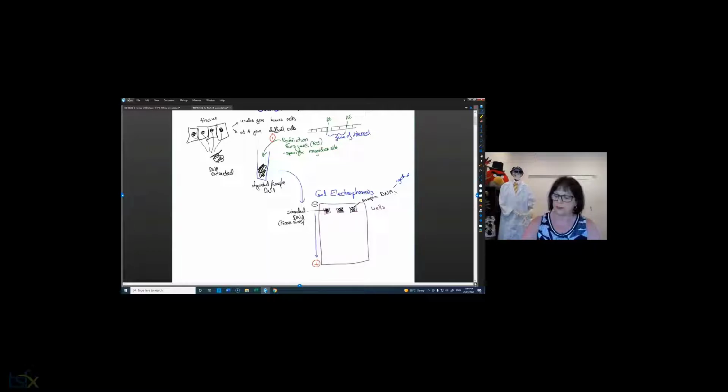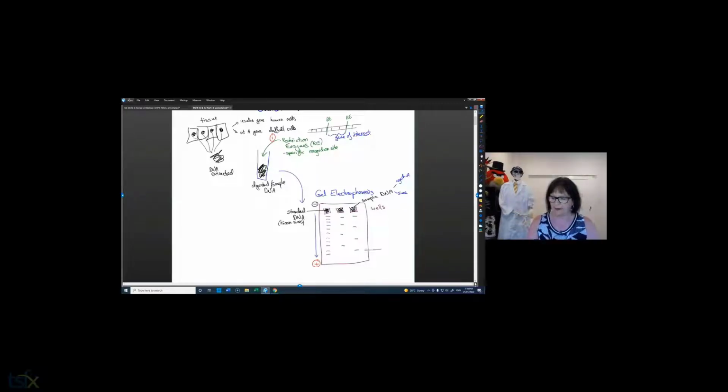We also know the size of the fragments is going to play a bearing in how fast they run through the gel. So we know the smaller ones will run faster and further in the time given compared to the larger ones. So when we turn it on, the DNA, our standard, will separate into the pieces based on size. So will our sample, depending on where the DNA was cut and how many fragments we've got.